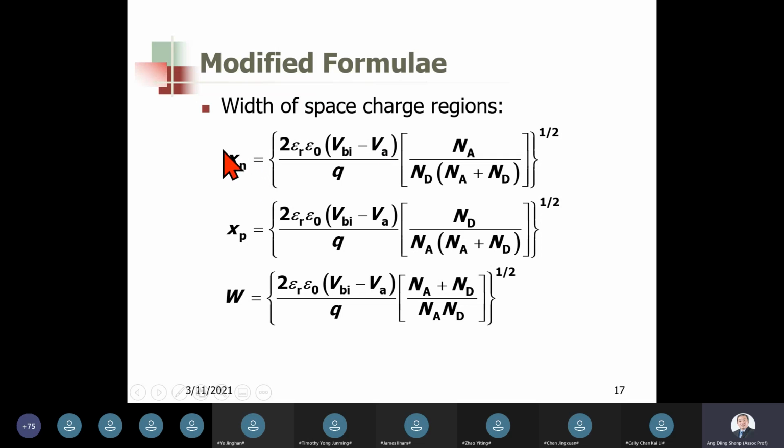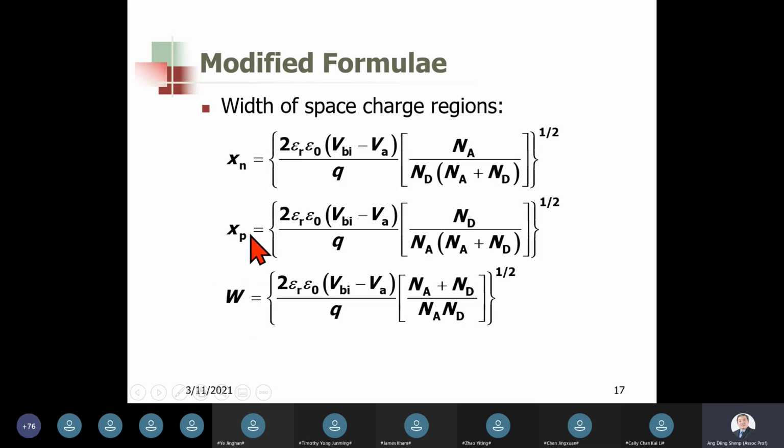I will come to this point shortly, why we drop the 0 at the subscript. So we write xn, and then in the equation itself, all we need to do is replace VBI with VBI minus VA. The same goes for xp and the total depletion width W.